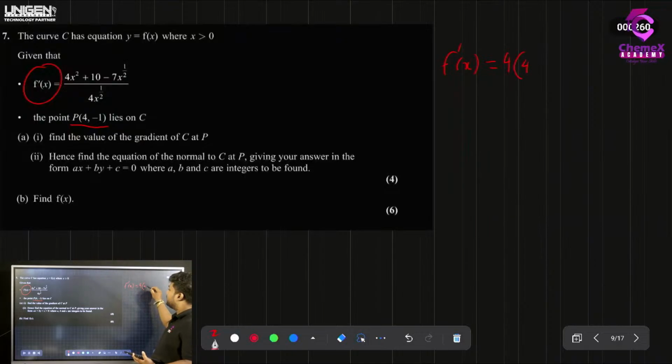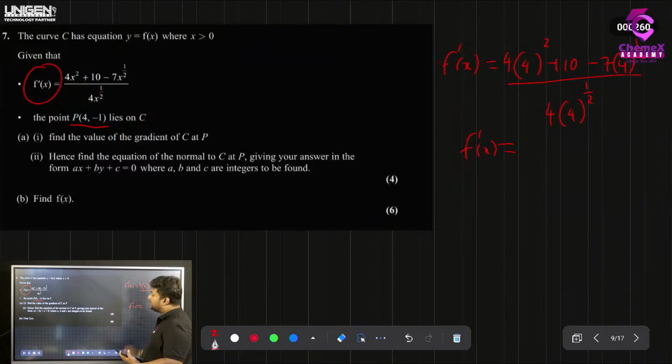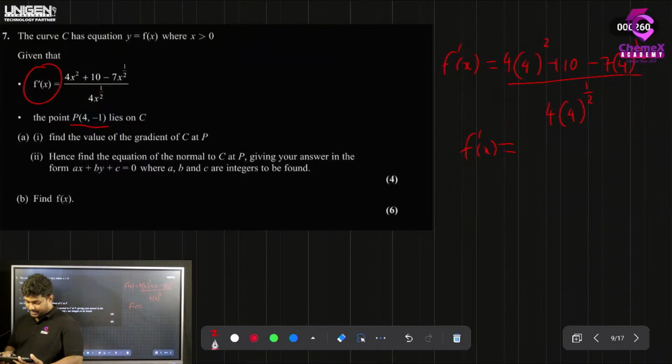They have given the x coordinate of P as 4, so substitute into the expression with 4 to the power half. Can someone type and tell me the value of f dash x? That's actually the gradient.